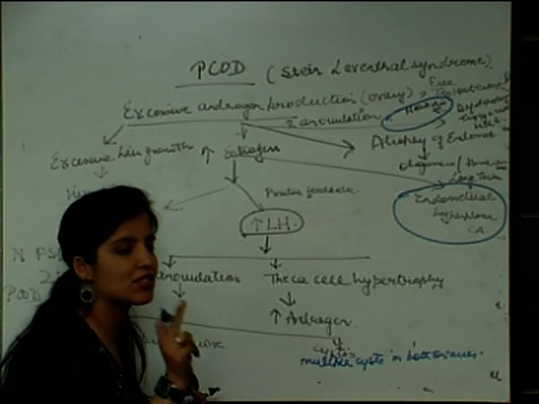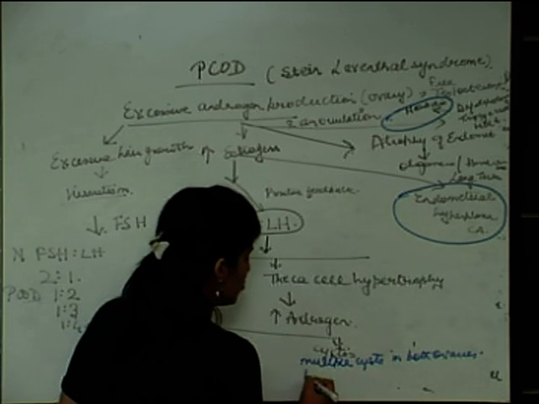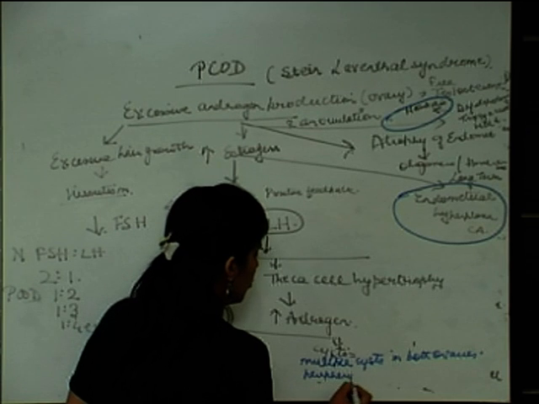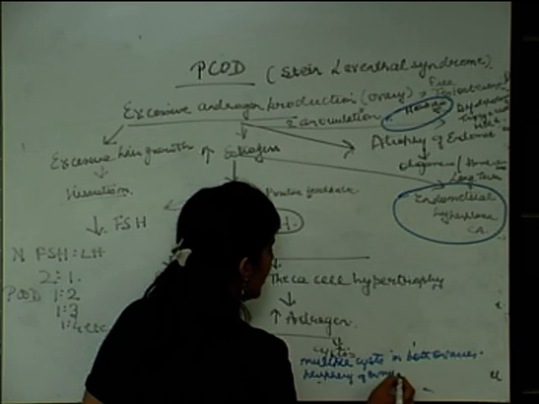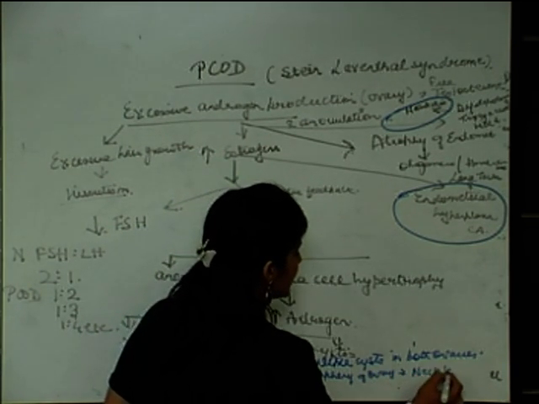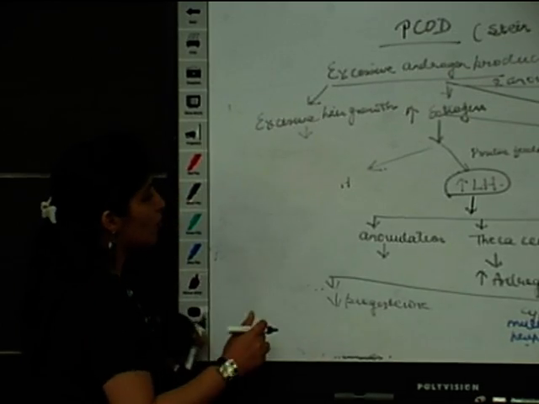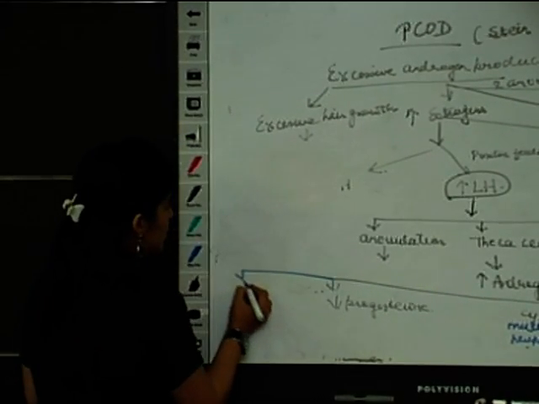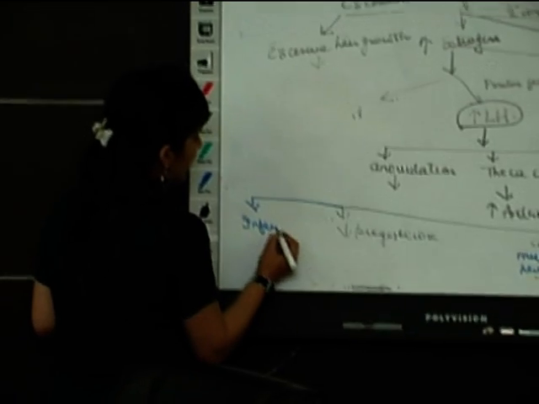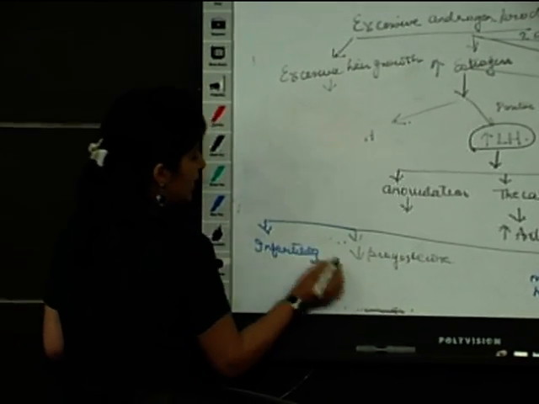And these cysts are arranged around the periphery of the ovary, giving it a necklace appearance. The third problem due to anovulation is that this female is going to complain of infertility.